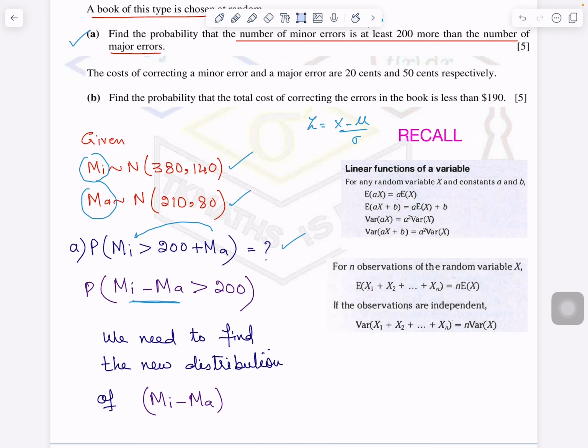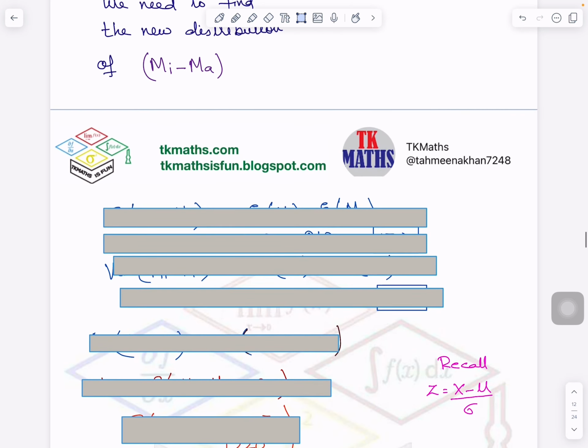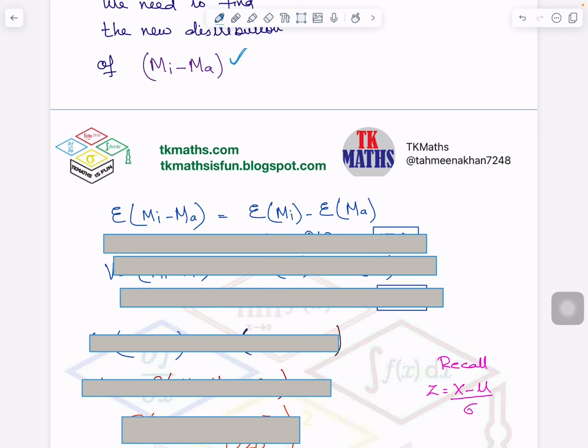Okay, so now we will find the minor minus major distribution. Now why did I hide here? Because when I show everything together, it becomes a little difficult for students to comprehend. So now I'm finding the mean and variance for MI minus MA.